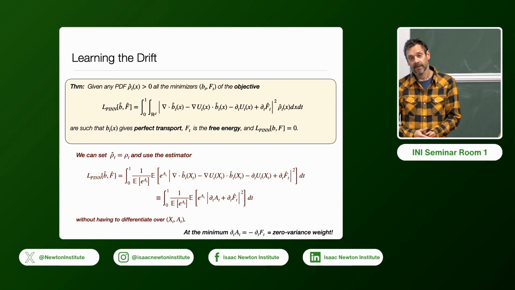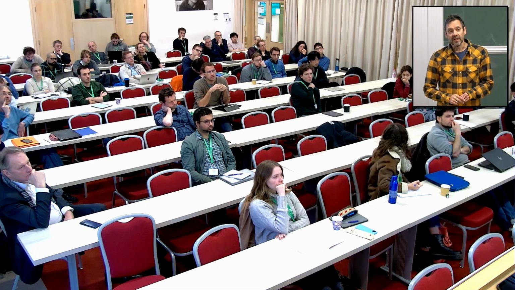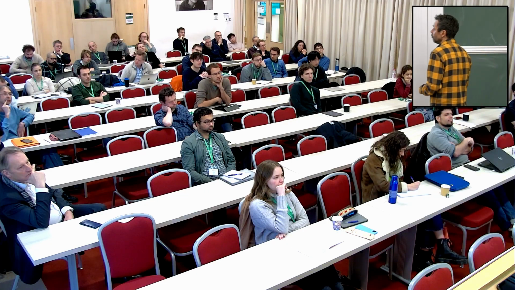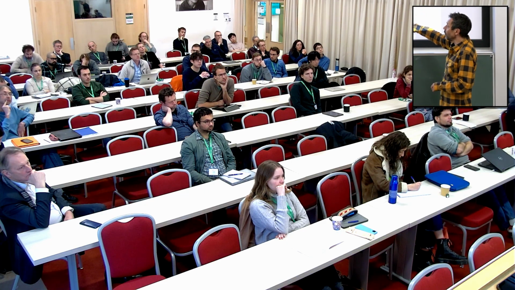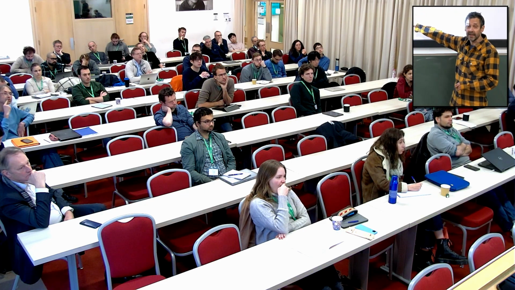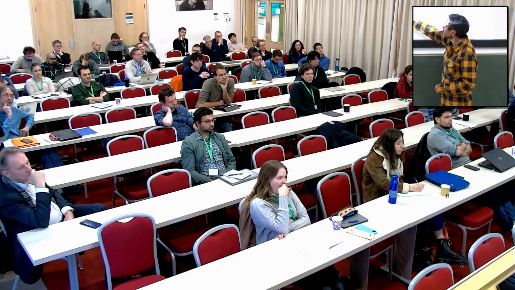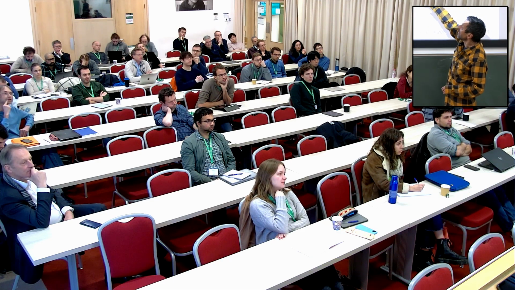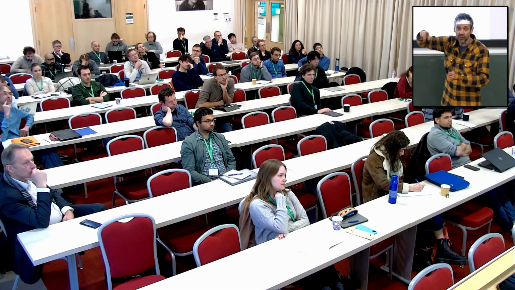Related to this, you said that when you have no data, it fails. Does it fail because this path is not a good path, or because you need too many samples to learn B? There are different ways. It could be difficult to actually do this optimization. The way we do it is with some form of annealing: you integrate this in time, but you don't need to integrate from 0 to 1.